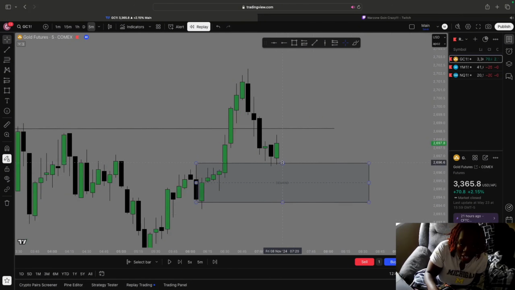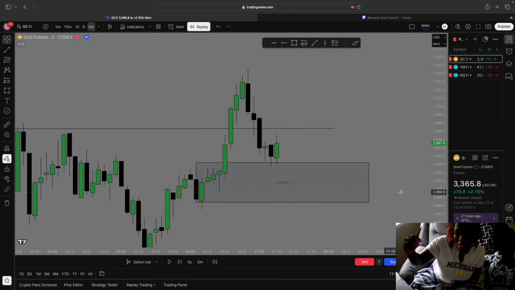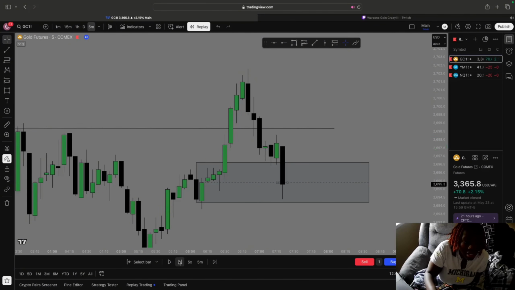What I mean by equal wicks is the wick from the top and the bottom are low key the same length to me. I need one side to be stronger than the other, I guess. But that's just me. So I would need another one. And you're right, because if I would have got in here on that, I like to take it below the candle, that would have stopped me out. So no.